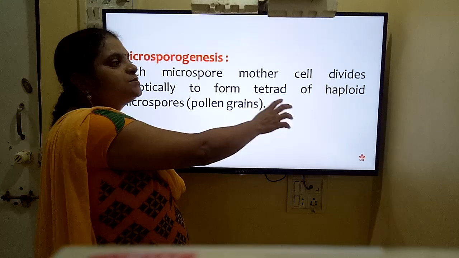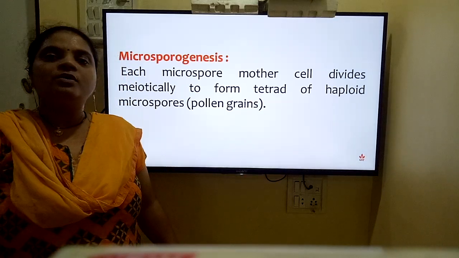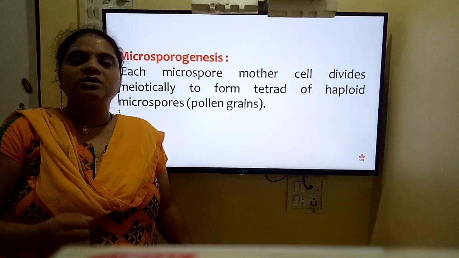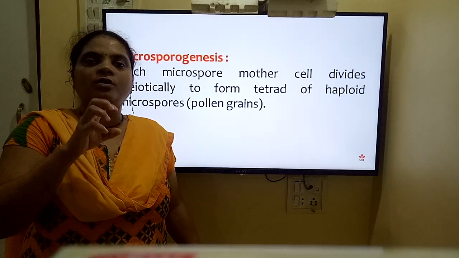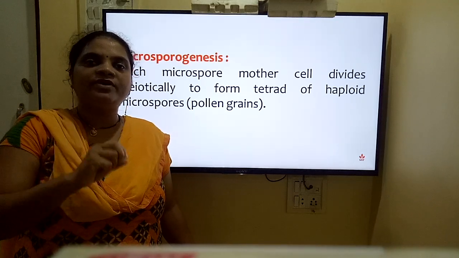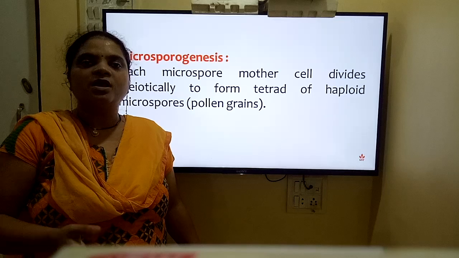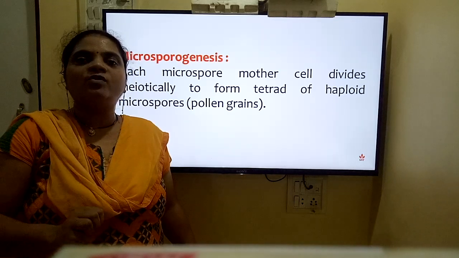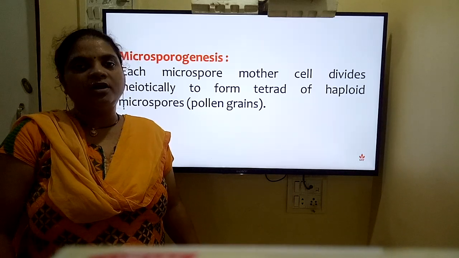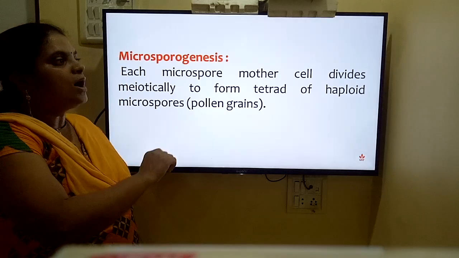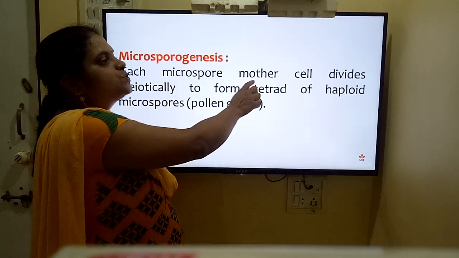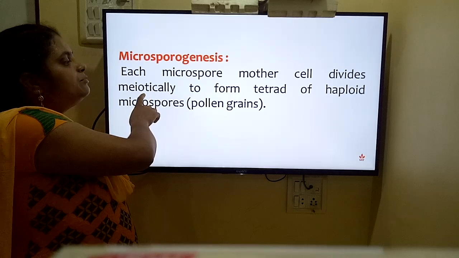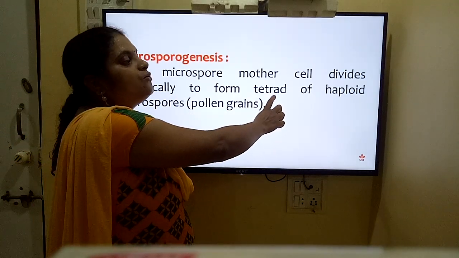So tetrad means 4. We already studied meiosis in class 11, mitosis and meiosis. Meiosis end product is what? 4 haploid daughter cells. So here one microspore mother cell undergoes meiosis and forms the 4.